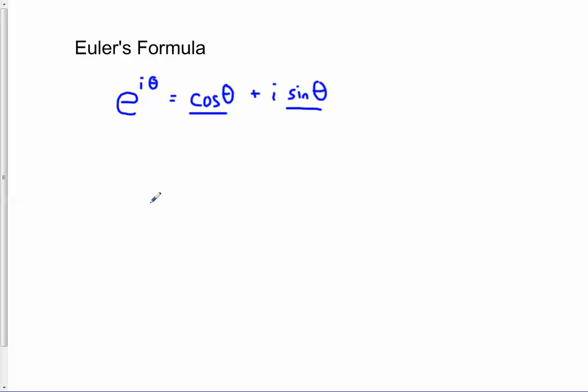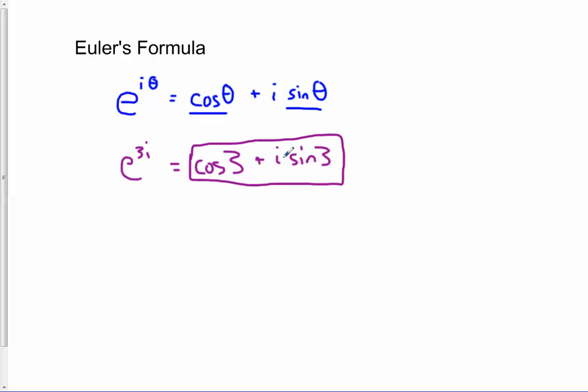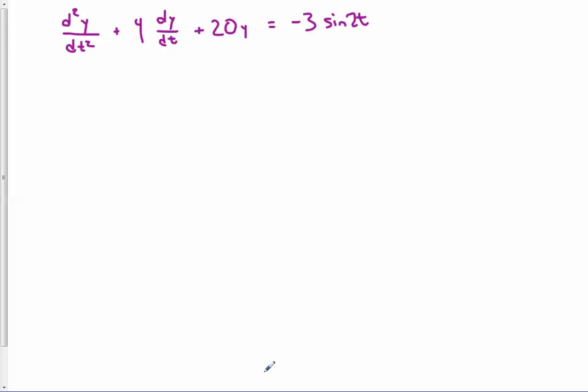So for example, e to the 3i, theta would be 3 here, that'd be cosine 3 plus i times sine 3. So we're breaking it down in the standard way of writing complex numbers, blank plus blank i. Euler's formula is going to be really key in what we're about to do, so we'll bring that in when we need it.